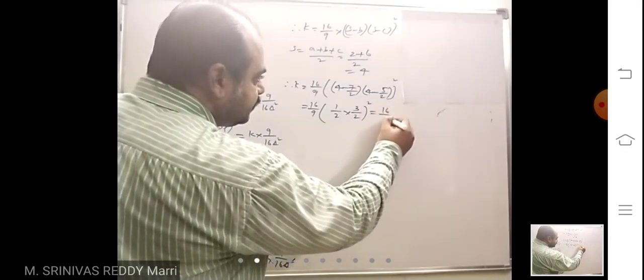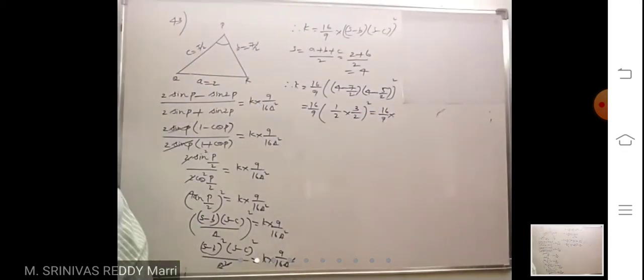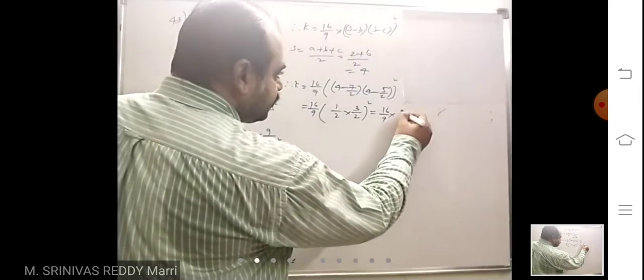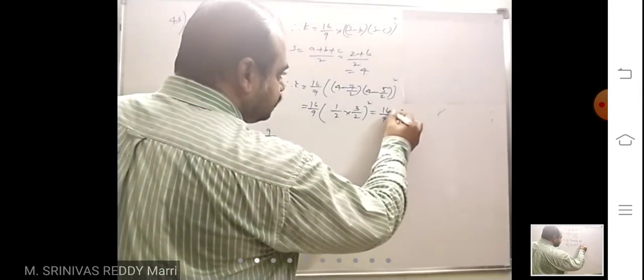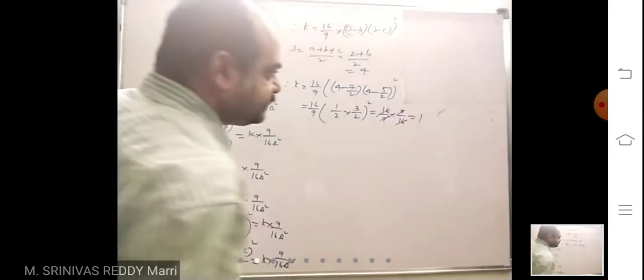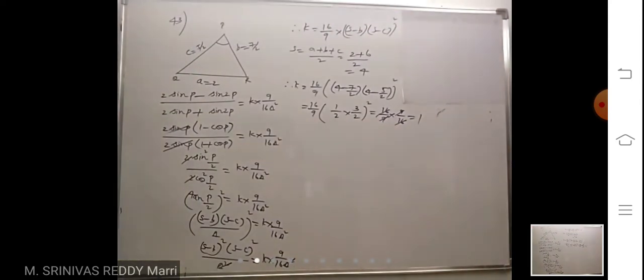That means 16 by 9 into 9 by 16. So therefore K value is nothing but 1. So that is the answer, direct formula.